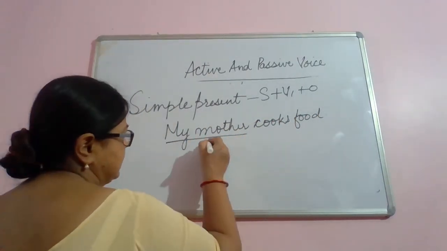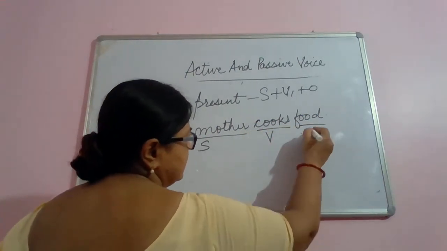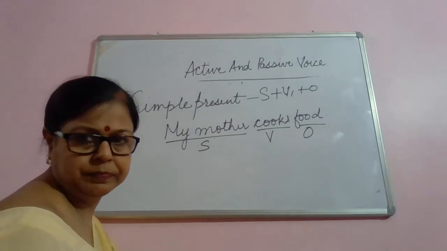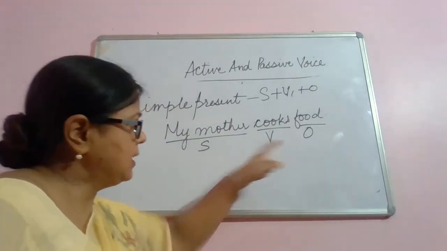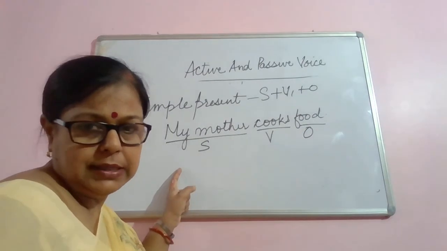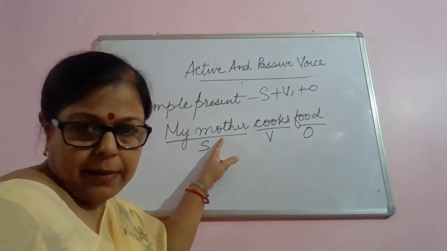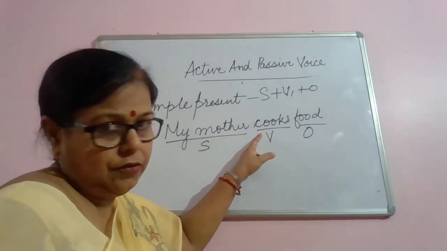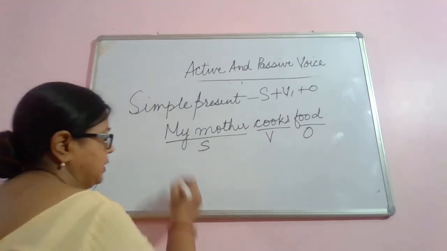My mother is the subject, this is the verb, and this is the object. How will we change it into passive voice? First, the object will have to become the subject. Second, the subject will become the object, and the third thing, we will have to keep the verb in the third form.